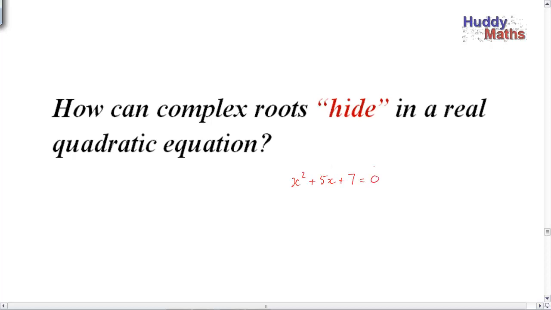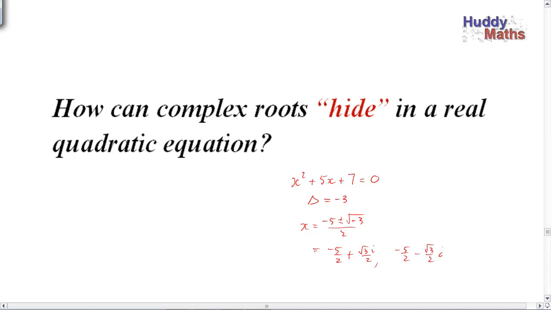And with that one, the discriminant is 25 take 28, so the discriminant is -3, and you're going to get a solution of -5 plus or minus square root of -3 over 2. Okay, so what that means is we do have a pair of complex numbers here, which are the solutions to that equation.